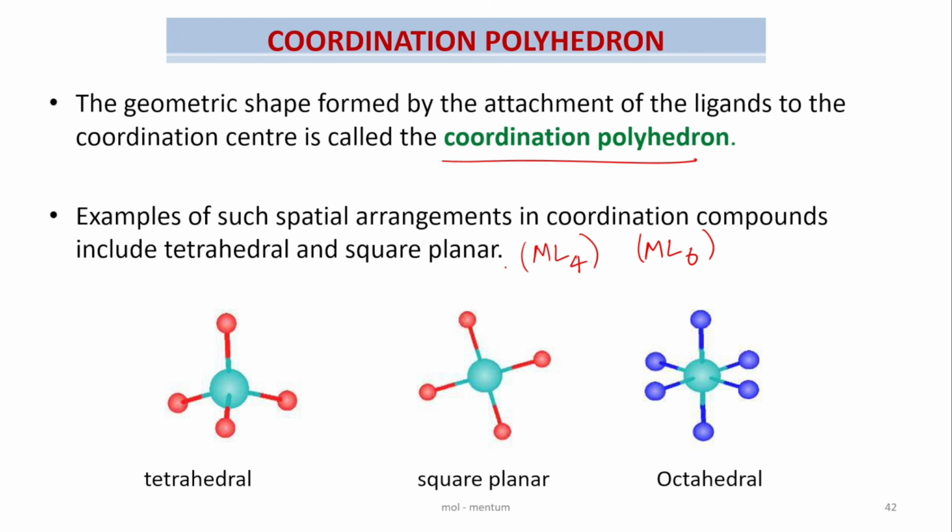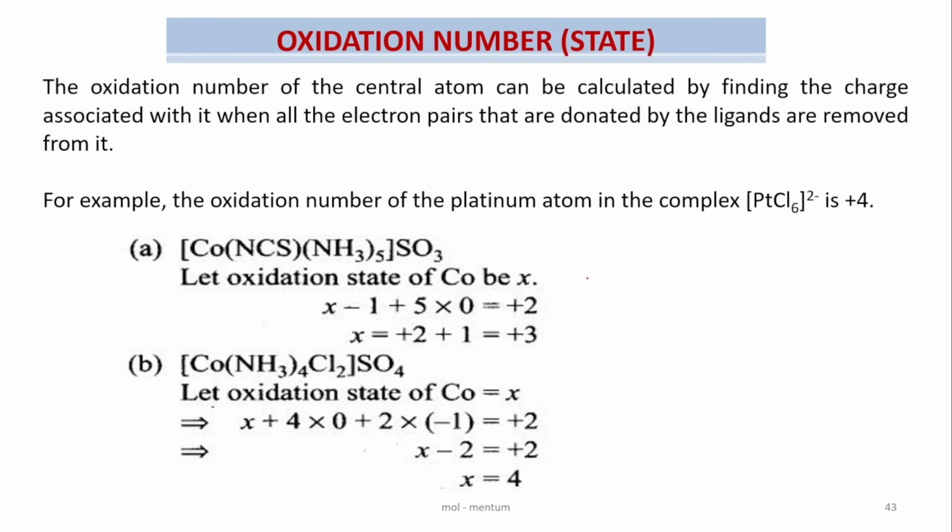ML4 can have two types of arrangement, either tetrahedral or square planar. ML6 has only one possible arrangement, which is octahedral. So these are the examples of coordination polyhedron.